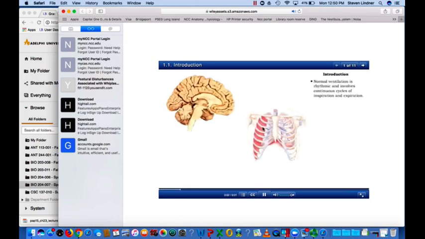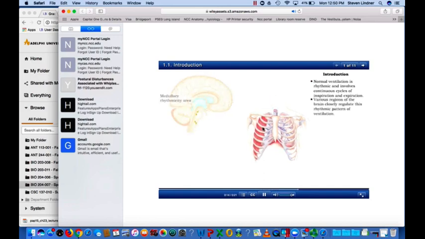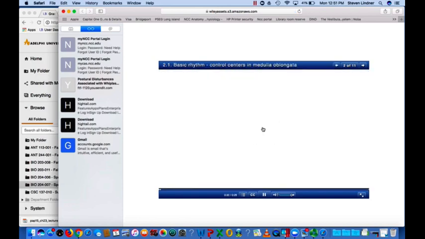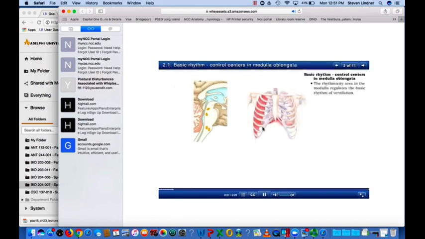Normal ventilation is rhythmic and involves continuous cycles of inspiration and expiration. Various regions of the brain closely regulate this rhythmic pattern of ventilation. The rhythmicity area in the medulla regulates the basic rhythm of ventilation.